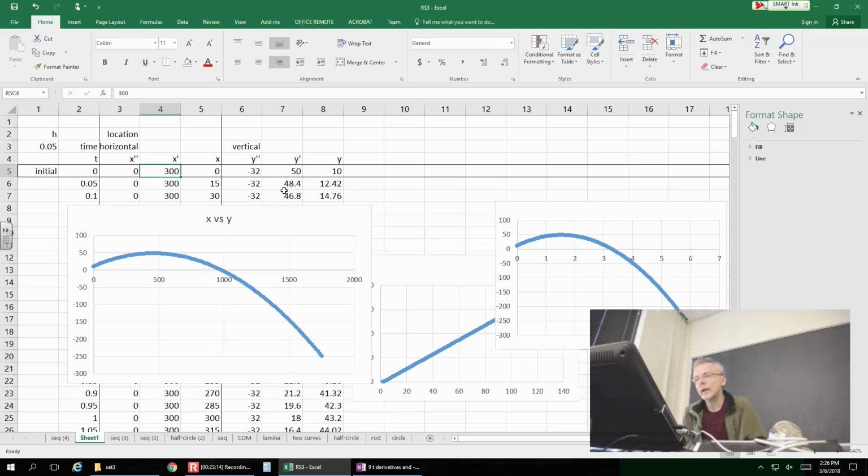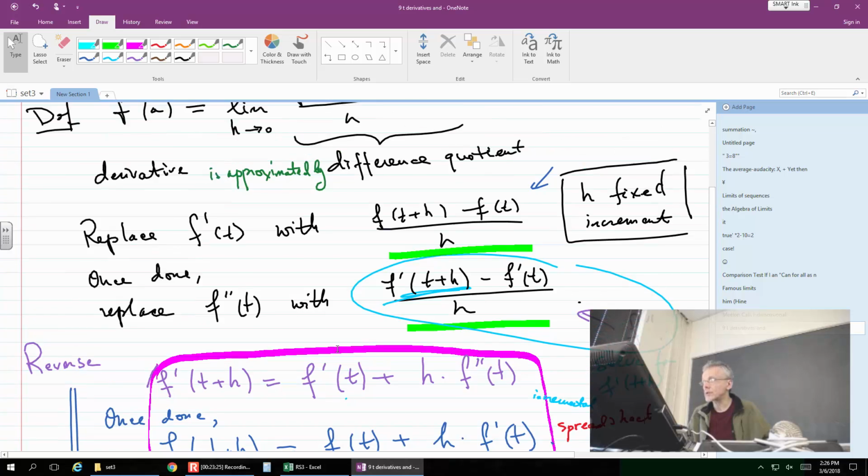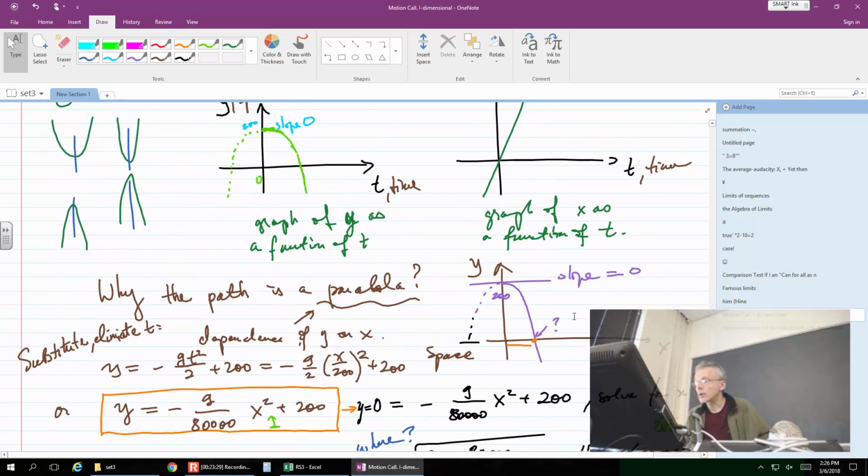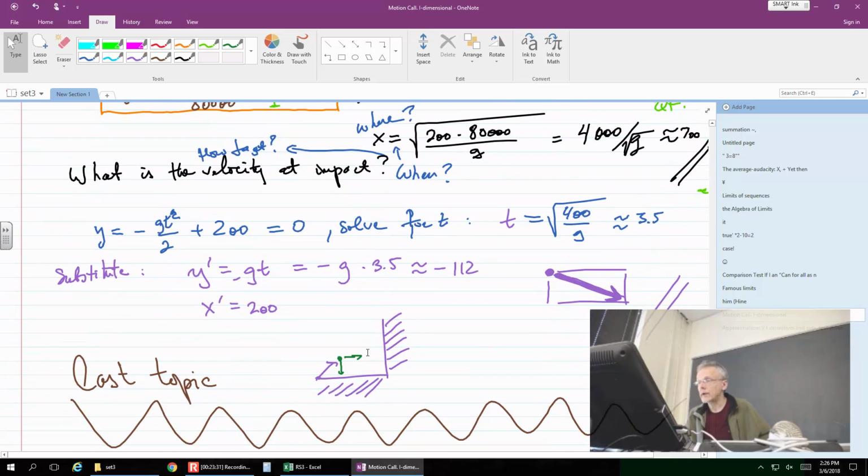So one thing we can try to do is once again to discover new things here. What about that question that I asked last time: what if there is a horizontal component to gravitation?